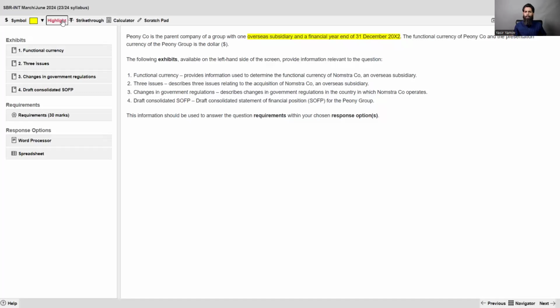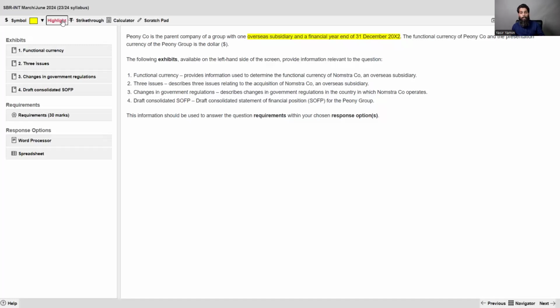What were the translation rules, by the way? Do you guys remember? The translation rules were very simple. Any balance that pertains to the acquisition date, you use the exchange rate based on the acquisition date.